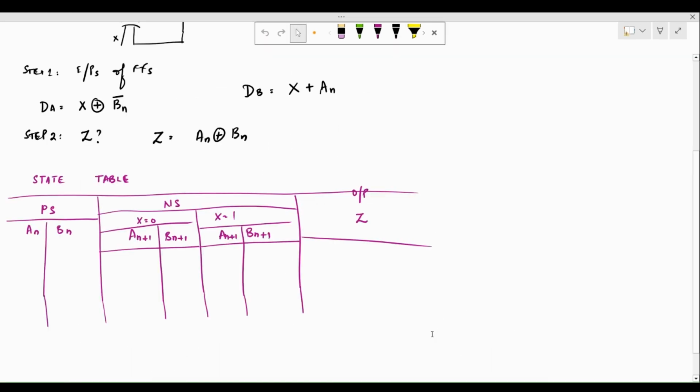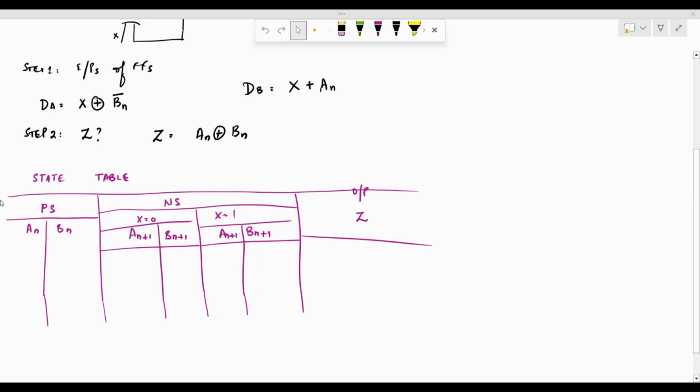Here we see our state table with three basic columns. The first one is the present state, made up of An and Bn, the outputs of the two D flip-flops, flip-flop A and flip-flop B. The next state is made up of An plus 1 and Bn plus 1, but the outputs of both the D flip-flops are going to depend on the input X, and X could be either 0 or 1.